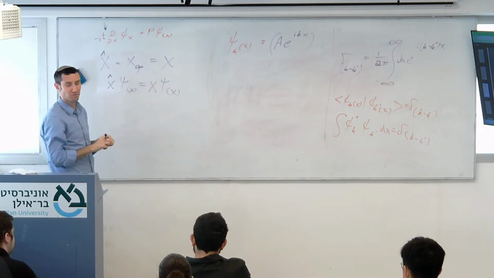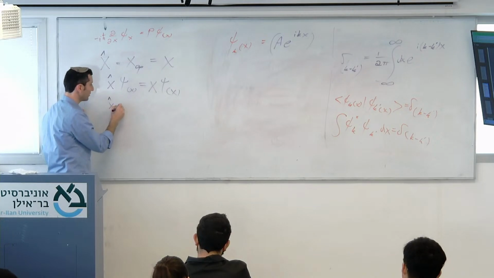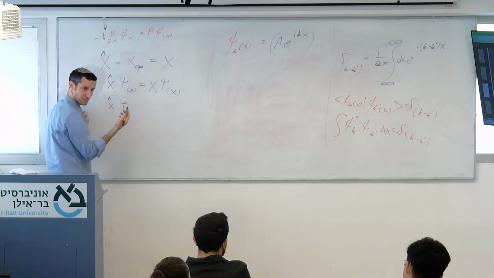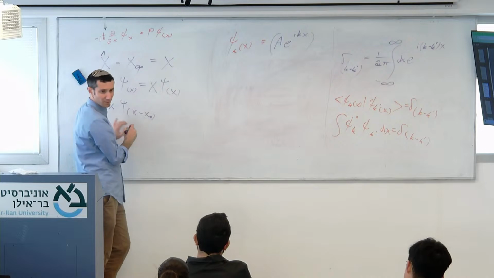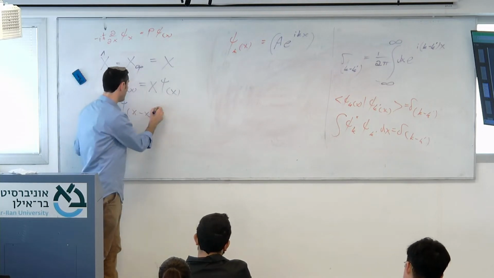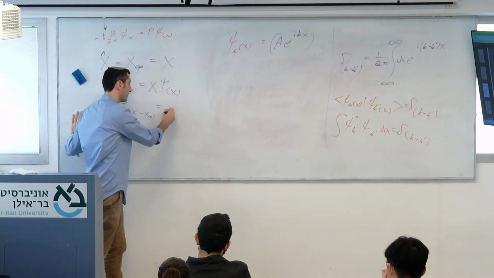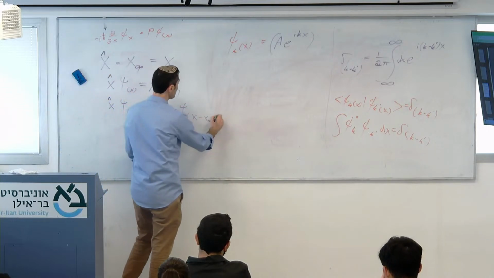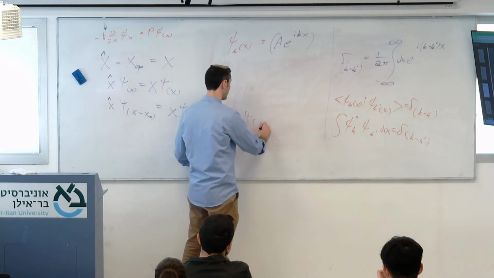Let's write it in a funnier way. I want the operator acting on psi of x minus x naught. Meaning I might be in a specific location, and it's a function of x. When I measure it, it means x times psi of x minus x naught, and this would be my actual location times psi of x minus x naught.